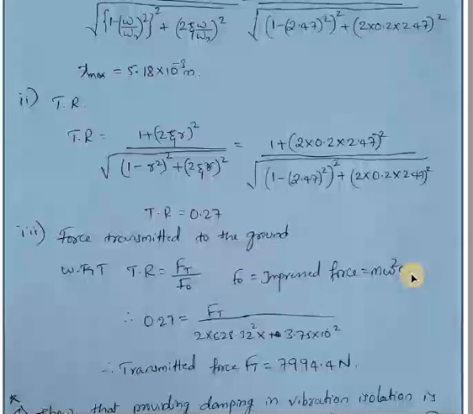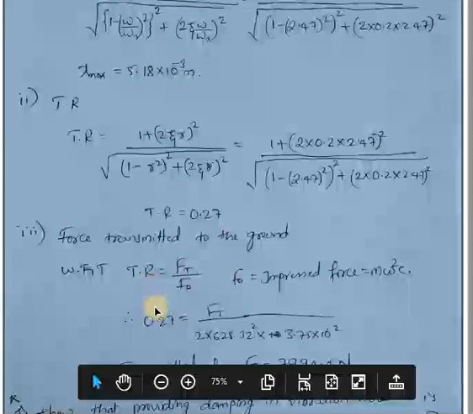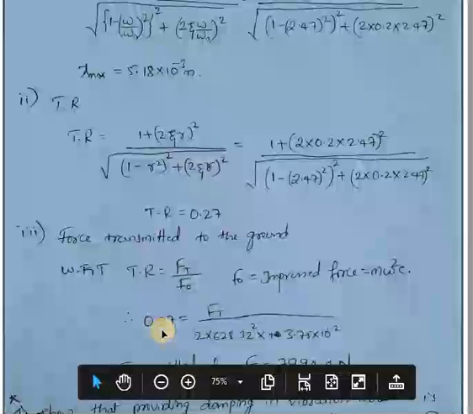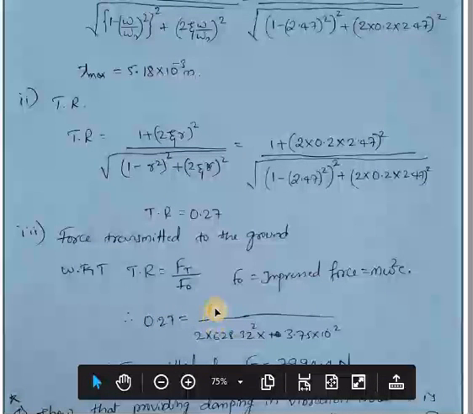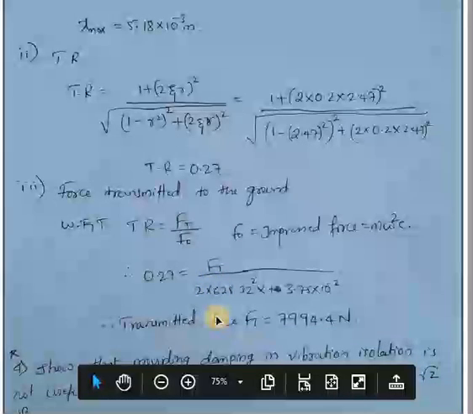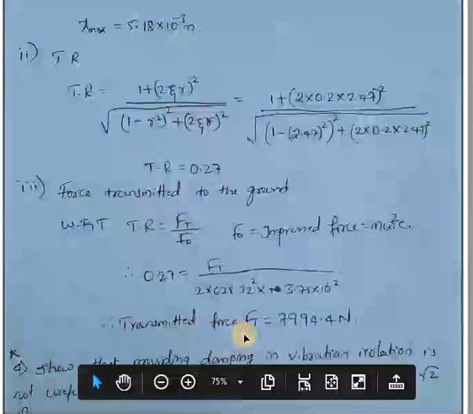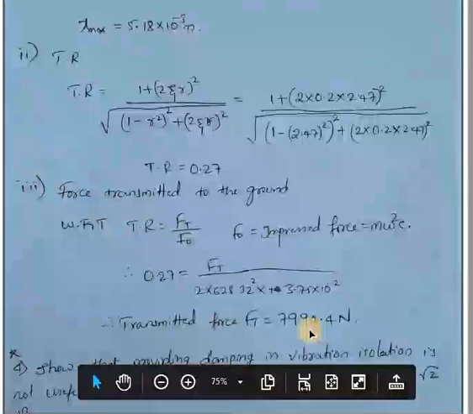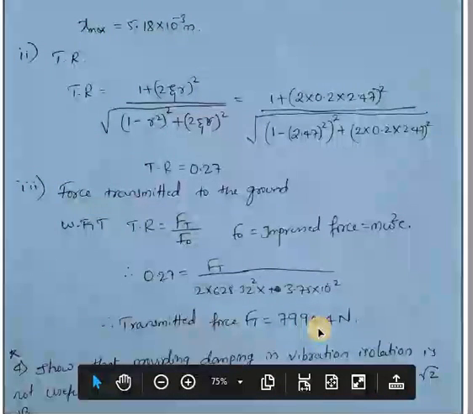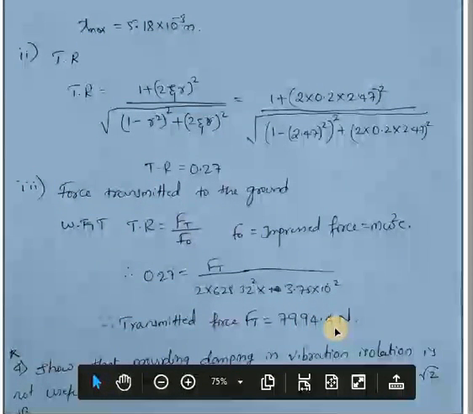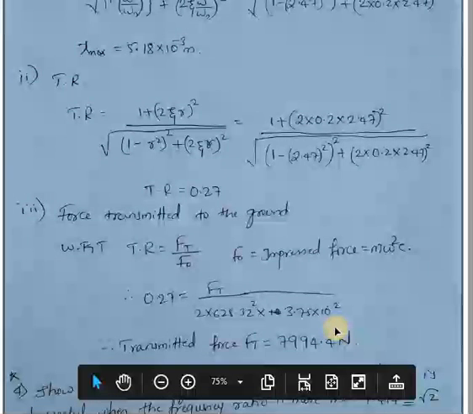So substitute in place of F0 as m omega square E, and you know the TR, the transmissibility ratio, which you already calculated. In this entire equation, the only unknown is Ft. If you solve for Ft, the transmitted force will be 7,994.4 Newton.